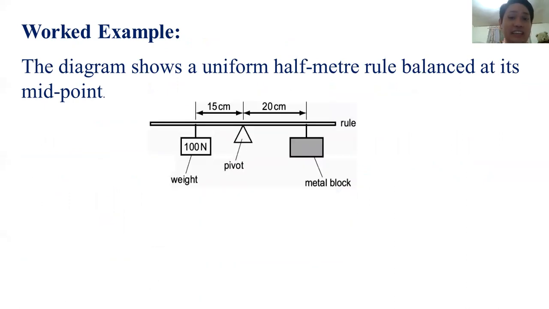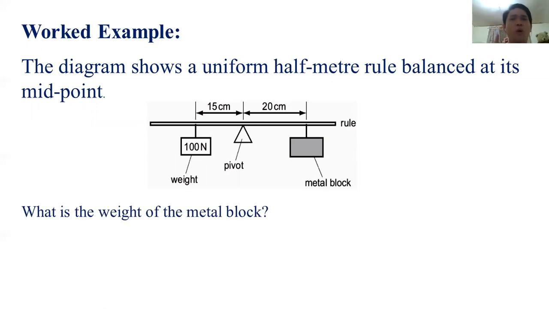As you can see in the illustration, you have a weight of 100 Newton at a distance of 15 centimeters, you can see the pivot and the rule, and then 20 centimeters for the force downward from the metal block. Your task is to find the weight of the metal block. I'll give you about 1 minute to do it on your seat.